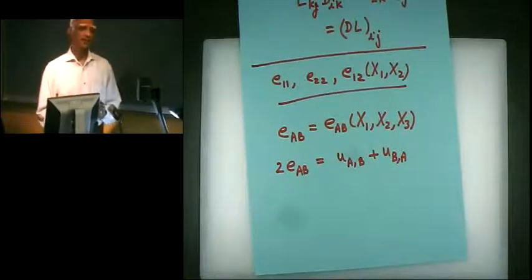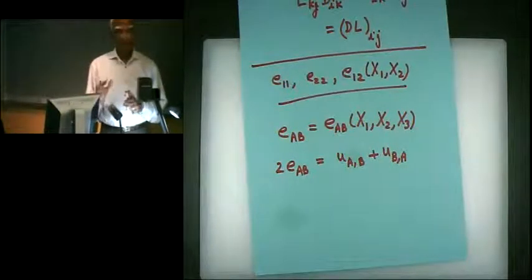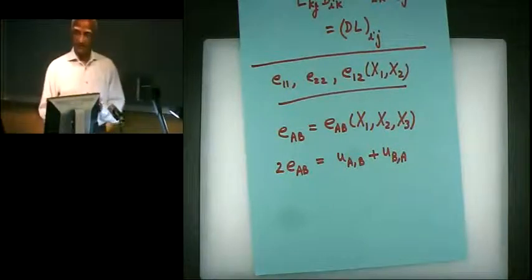Because if you assume that each particle has not only 3 translational degrees of freedom, but 3 rotational degrees of freedom also, then the stress tensor you learned in your deformable bodies class, where sigma xy was equal to sigma yx, is no longer valid. I think you learned in your deformable bodies class as well as fluid mechanics class that sigma xy equals sigma yx, sigma xz equals sigma zx.